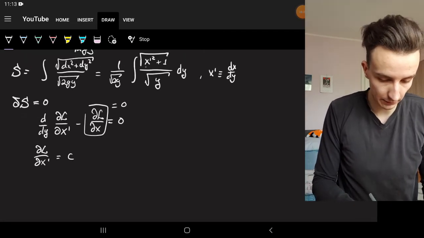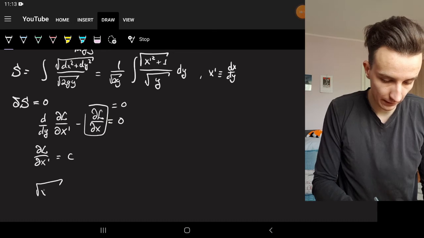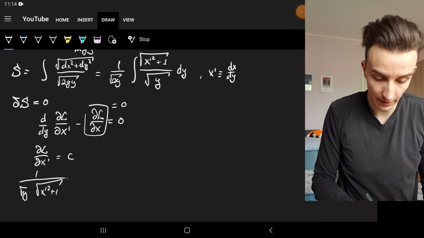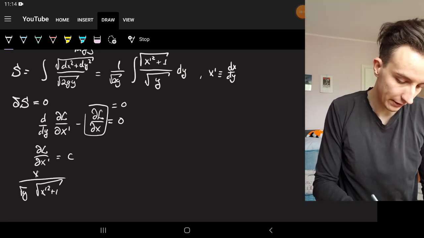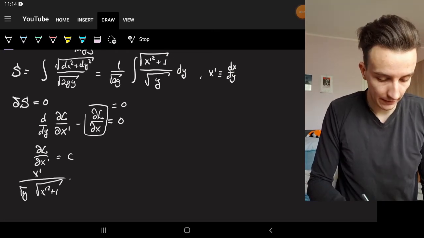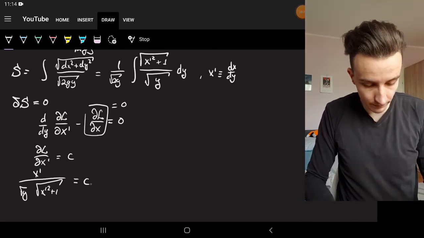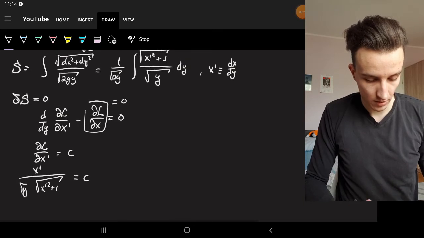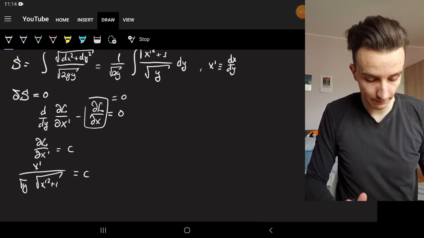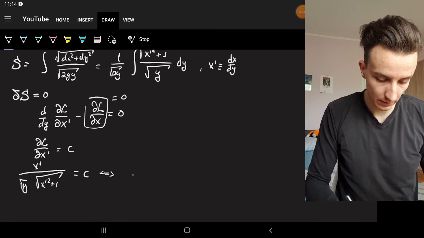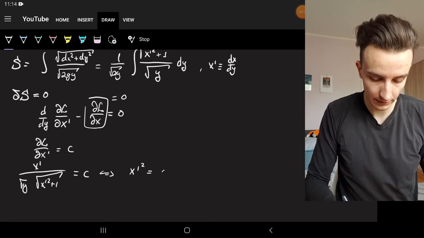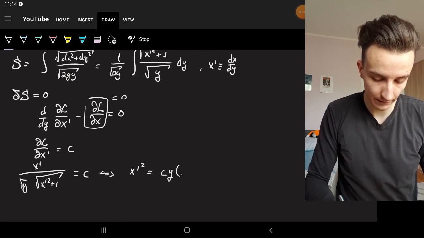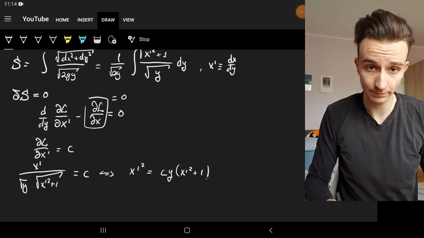The square root is going to be going down, x prime squared plus 1, and square root y, 1 over, and of course we would have a 2, which is going to get lost, so x prime, this is equal to c. And now we square both sides, and multiply with the square roots, so we have x prime squared is c y x prime squared plus 1.